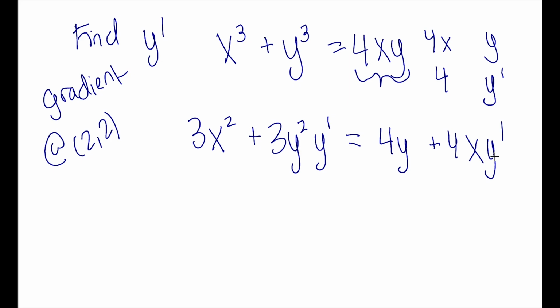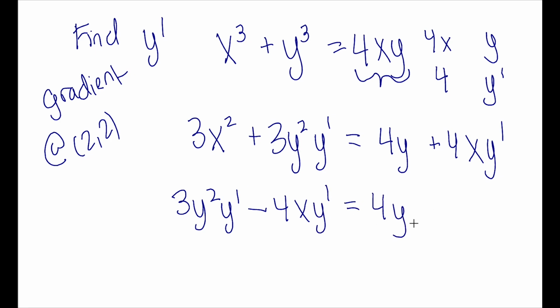So the next step, I need to get the y primes by themselves. So we'll move all of the y primes to the left and every other term to the right. 3y squared y prime minus 4x y prime equals 4y minus 3x squared.